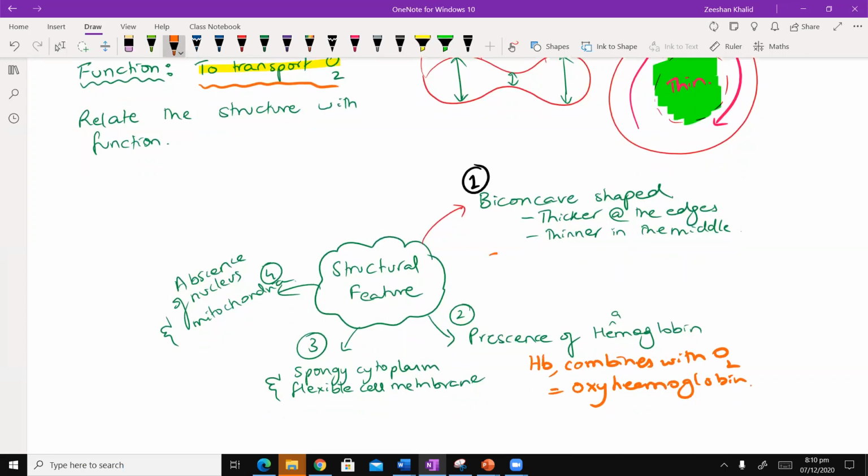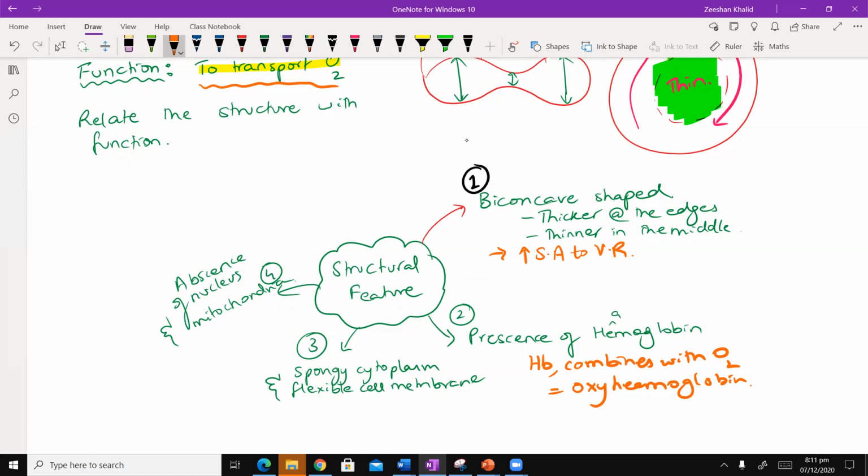Biconcave shape. How does the fact that it is biconcave in shape help in the function? Come on, I want anybody to tell me in the class. Sir, to provide more surface area. Is that what you're going to write? You have to understand that this increases not only the surface area, but the surface area to volume ratio.